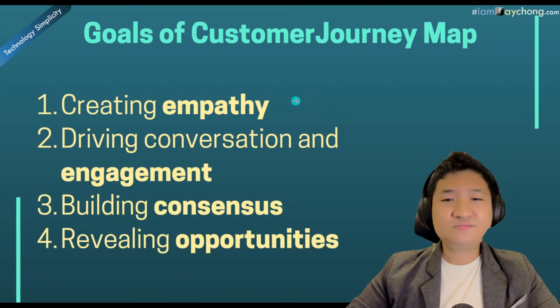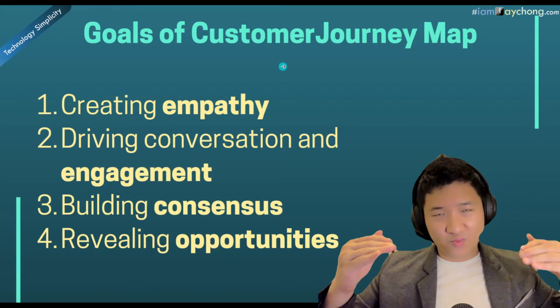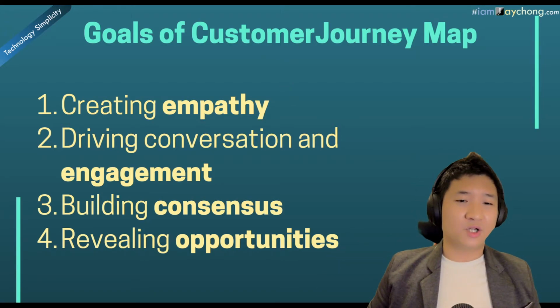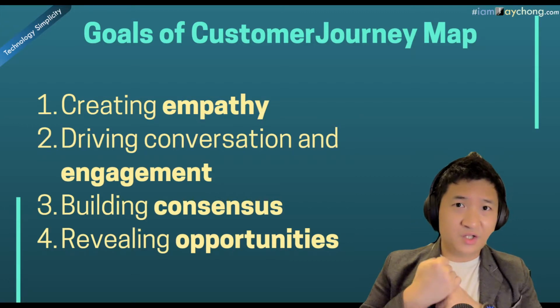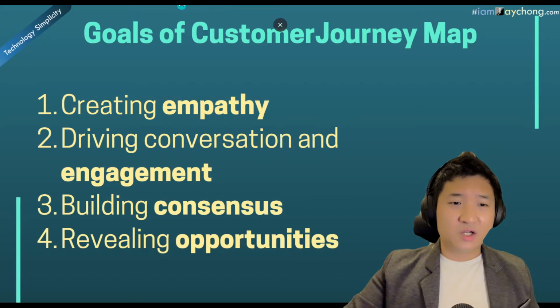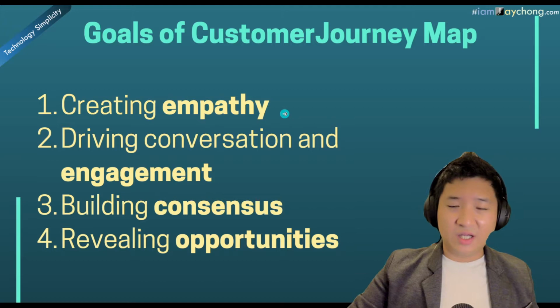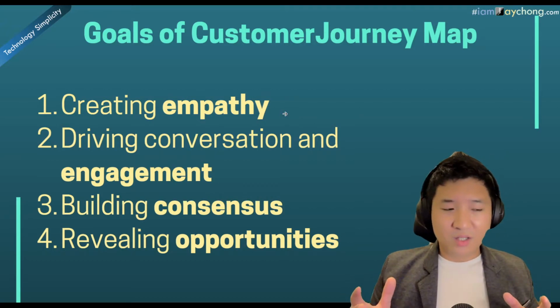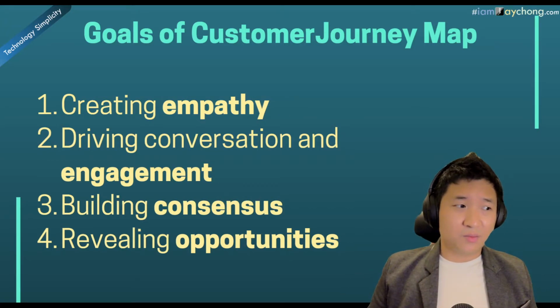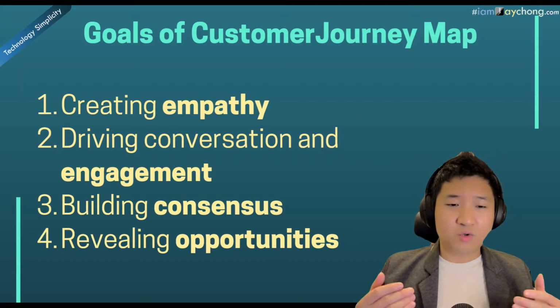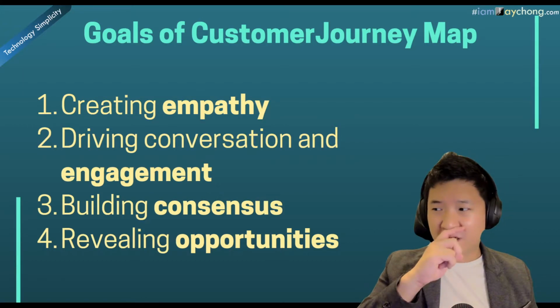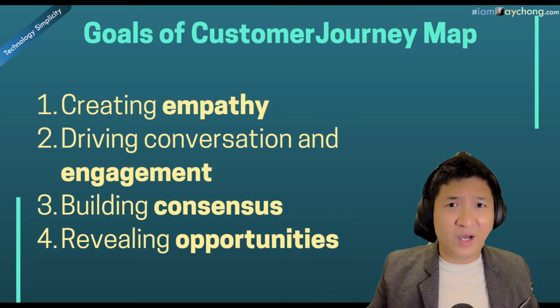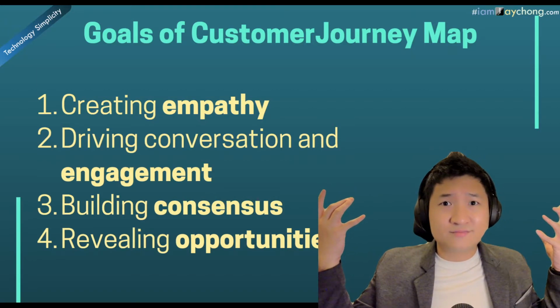So let's talk about this a little bit. So when it comes to a user or customer journey map, okay, number one you really need to consider is that we need to create empathy. What does it mean? It's very simple. Most of the time we don't deliver what the user wants because we didn't put ourselves in their shoes, and you always think, oh come on, just click the buy now button, what's so hard for you?